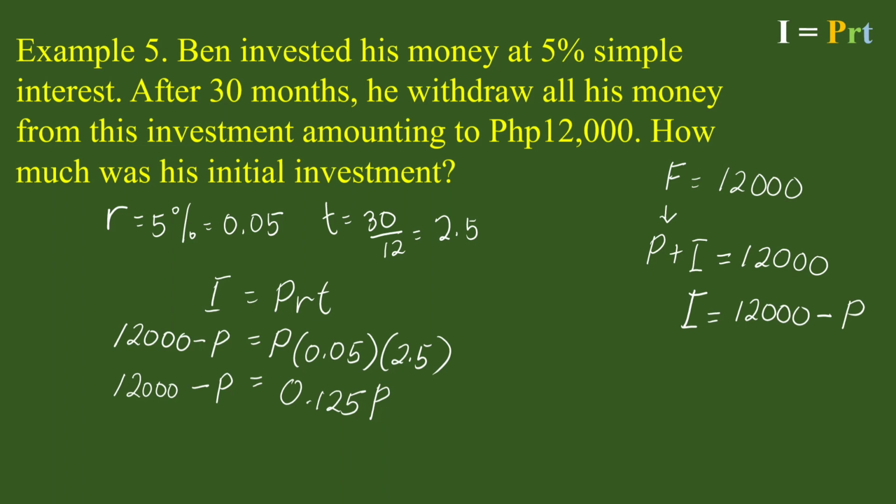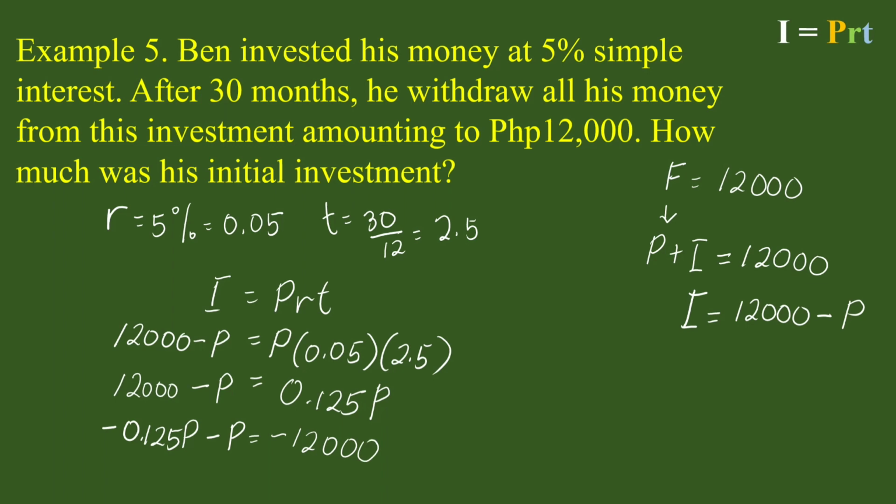So, ibig sabihin, itong 0.125, lipat natin sa kaliwa, it will become negative 0.125P. And then, yung negative P, nandyan pa rin siya. And then, yung 12,000, we will transpose it to the right side naman, kasi constant lang siya. So, magiging negative 12,000 siya on the right side.